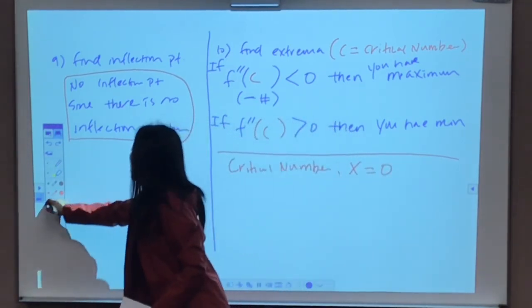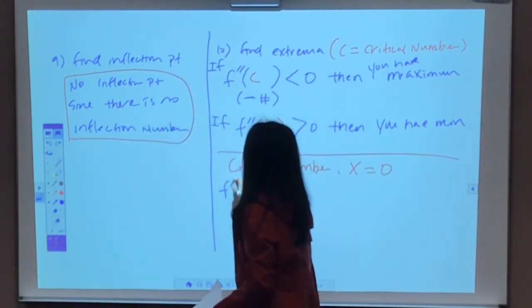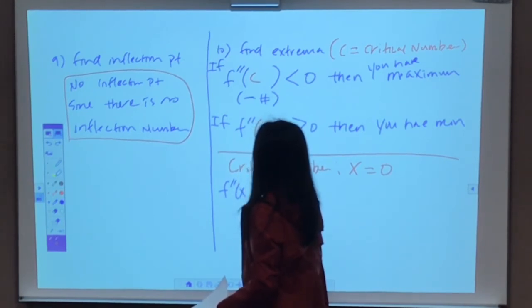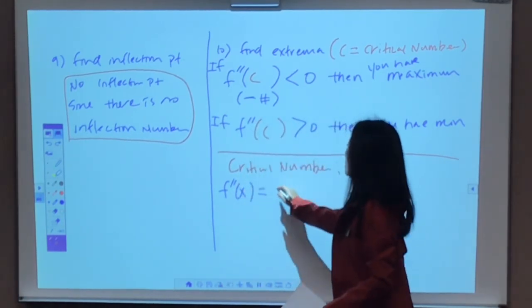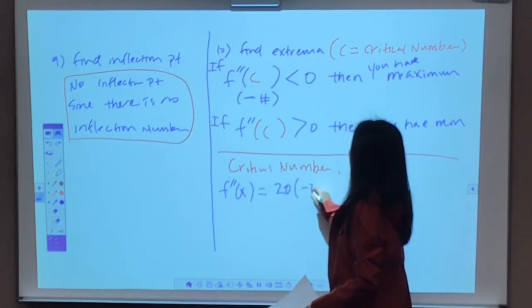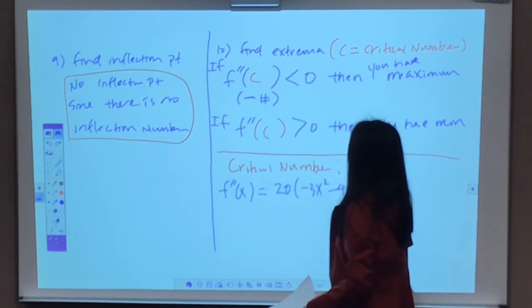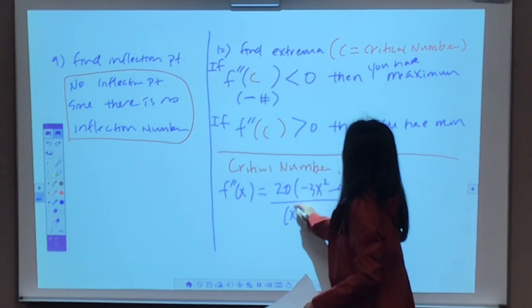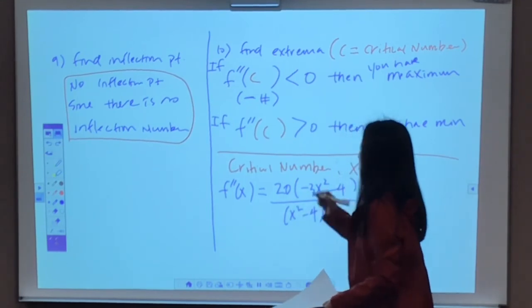And then what is our second derivative? Does anybody remember what I wrote down here? 20, and then negative 3x squared minus 4, everything over x squared minus 4 to the third.